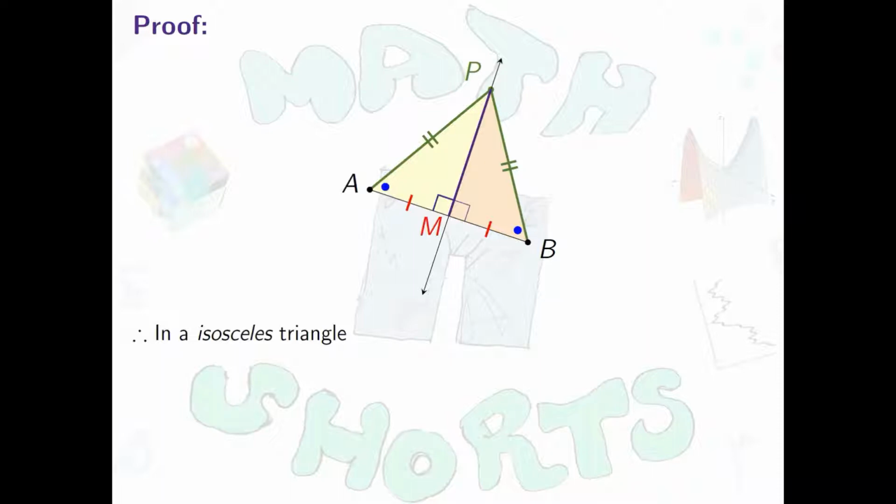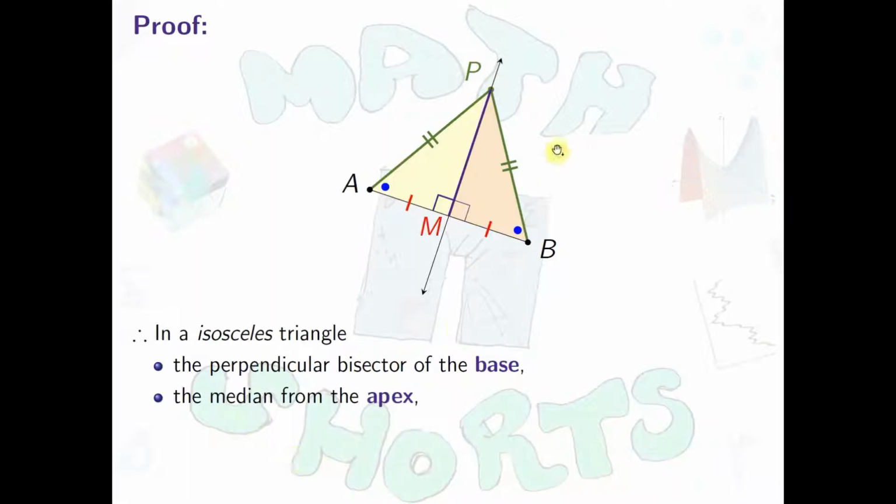Now, an important thing with an isosceles triangle is if we do the perpendicular bisector of the base, and in an isosceles triangle, when we talk about the base, we're talking about the side that isn't one of the equal ones, notice that that goes through the midpoint and through P as well, which means that PM is the median from the apex, and the apex is the vertex between the two equal sides.